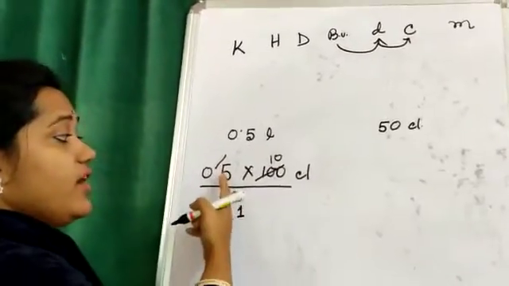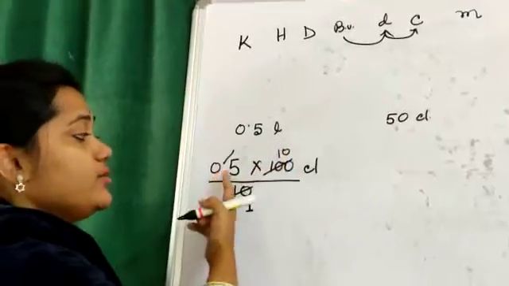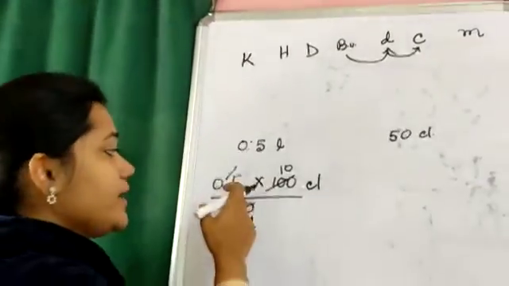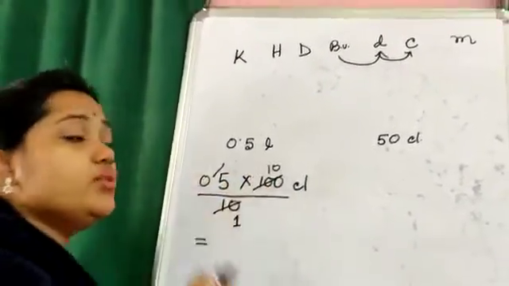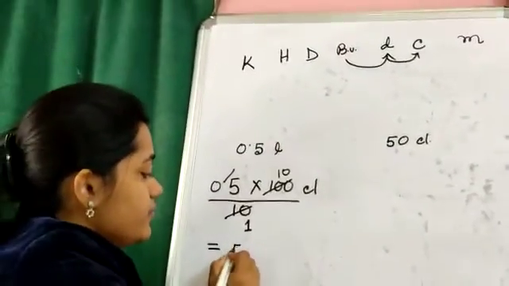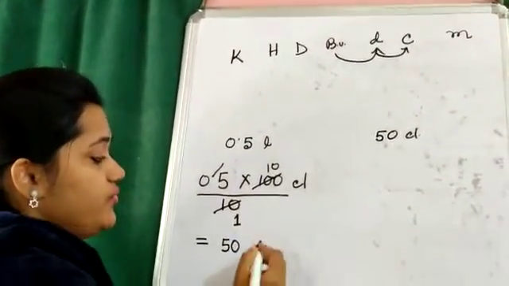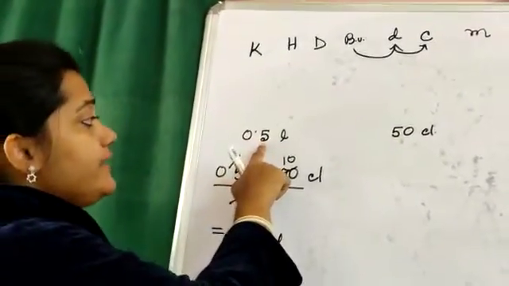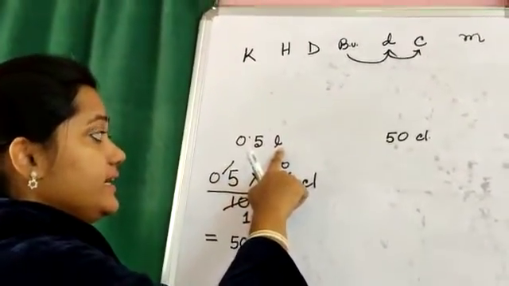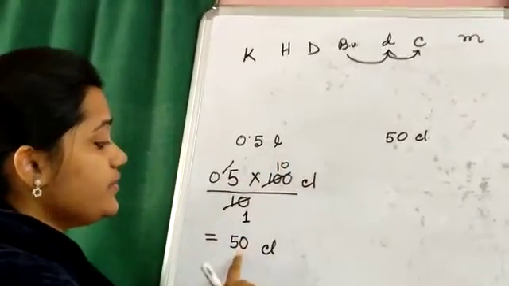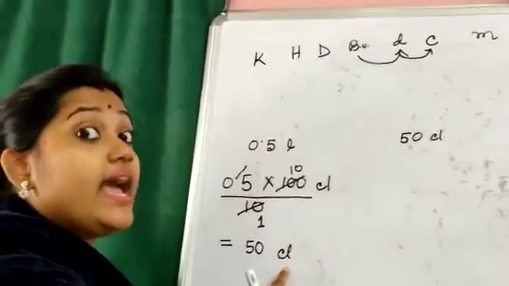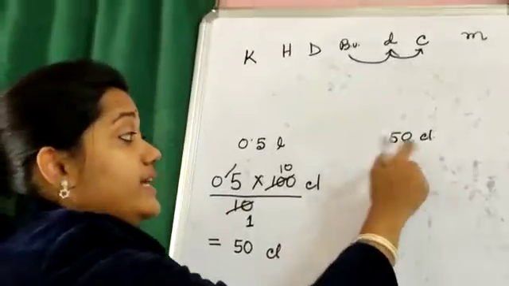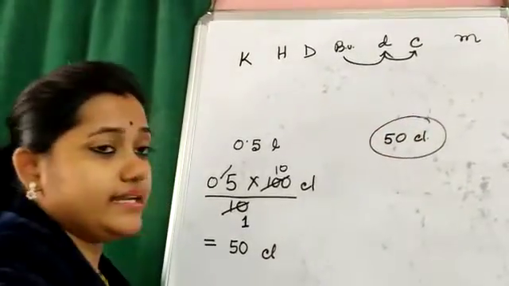How much have I got? 5 into 10. 0.5 is nothing but 5 only. So 5 into 10. That is 50. So 50 centiliter. That is 0.5 liter. Means 50 centiliter, and someone else have already given me 50 centiliter.